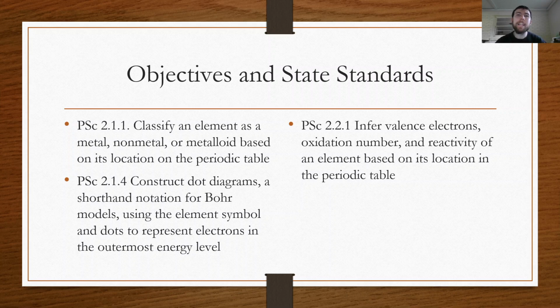And lastly, I want you guys to be able to infer or determine the number of valence electrons an element has, its oxidation number, and the reactivity of the element based simply on its location on the periodic table. That sounds like a lot of information to get just by looking at where an element is on the periodic table, but as we move forward, you're going to see that it's actually pretty doable.